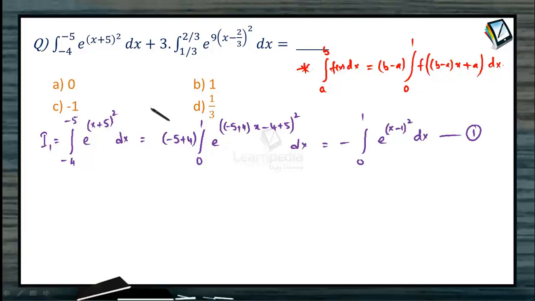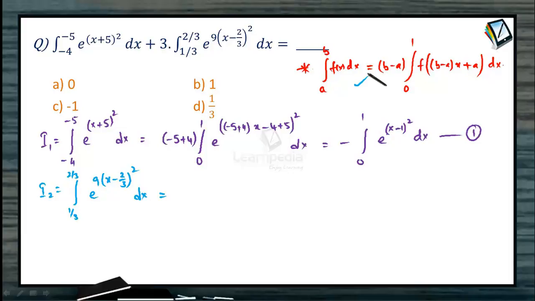Now let us see what was the advantage in converting the integral to 0 to 1. What happens if we apply the same result on the second integral also? Now what is I2 for us? The second part of the integral, that is, the integral from 1/3 to 2/3 of (e^(9x-2/3))² dx.